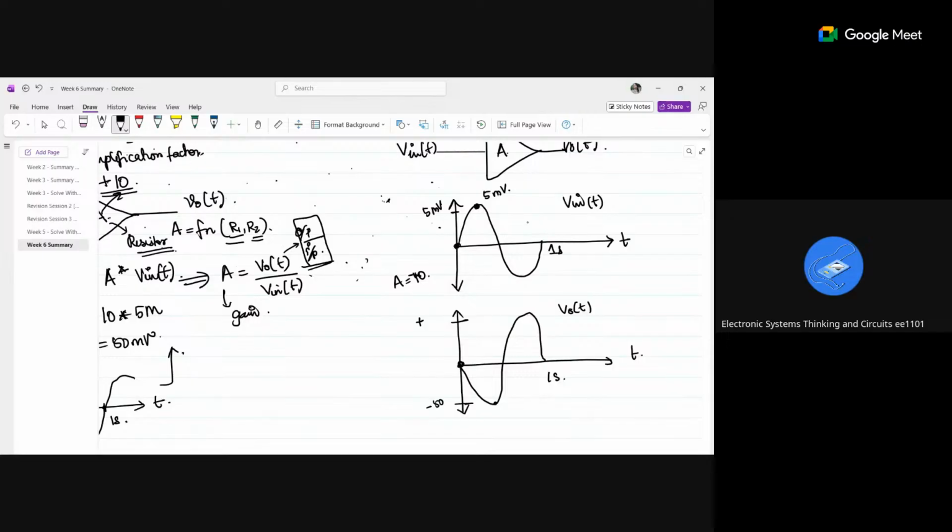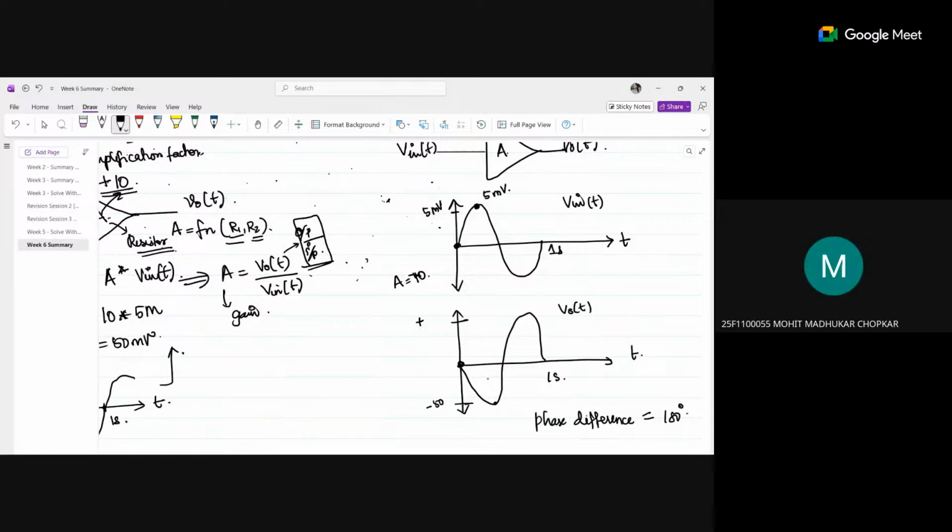What is the phase difference between the input and output? Phase difference in terms of degrees. 180 degrees. Yes, it is 180 degrees out of phase with each other, right?